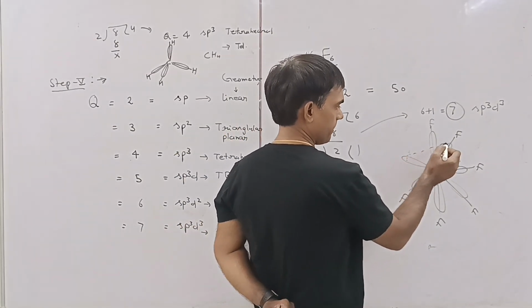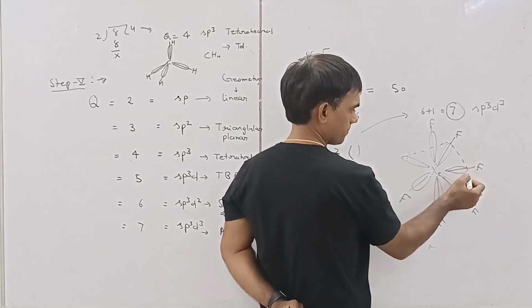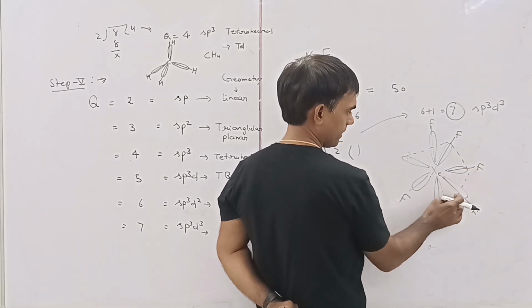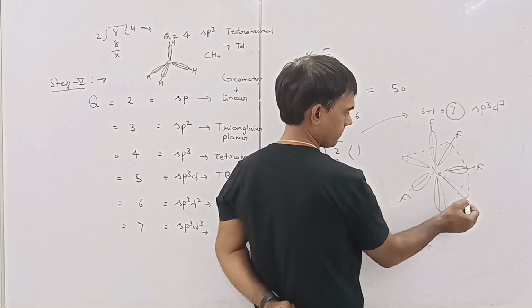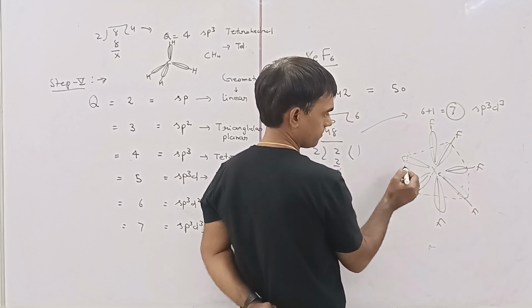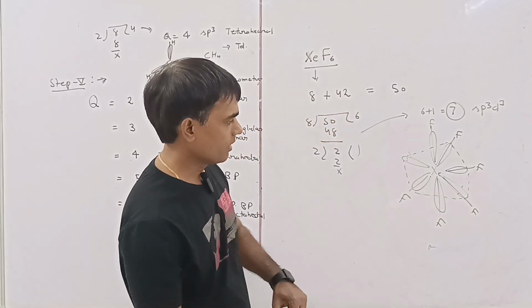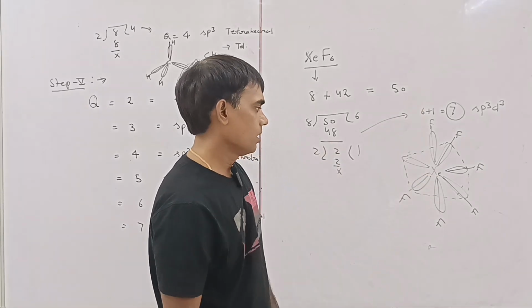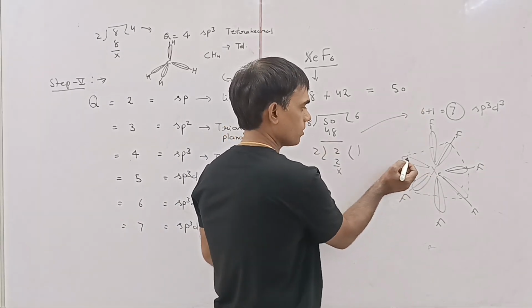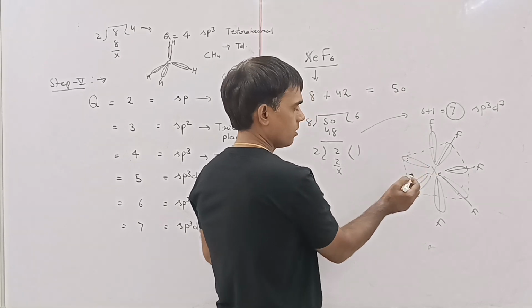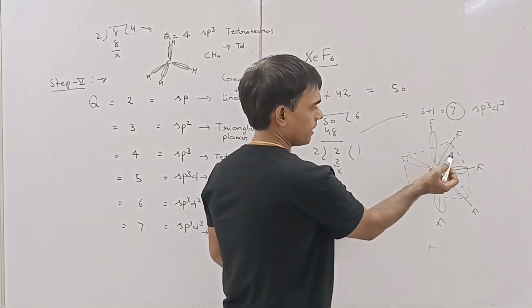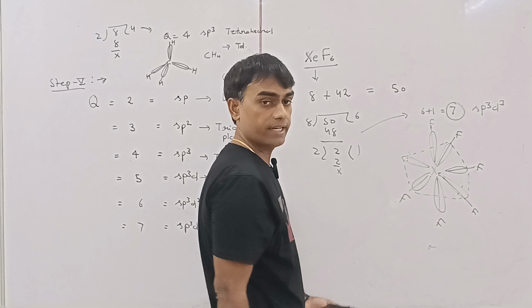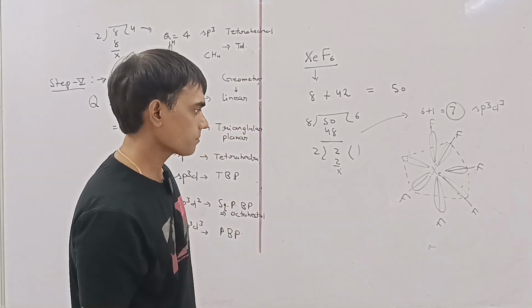This is the pentagonal plane, like this, and one pyramid above, one pyramid down. Now this lone pair of electrons can take a position here, here, here, or anywhere.